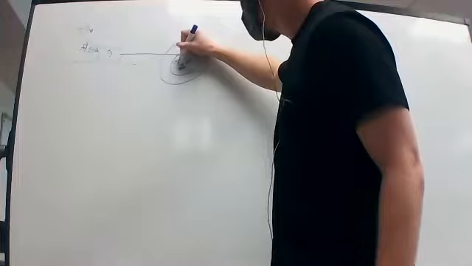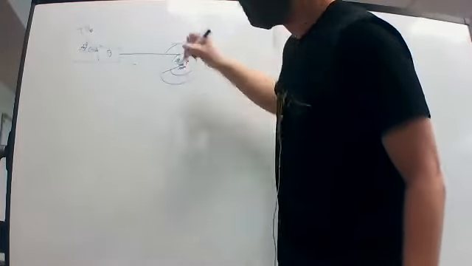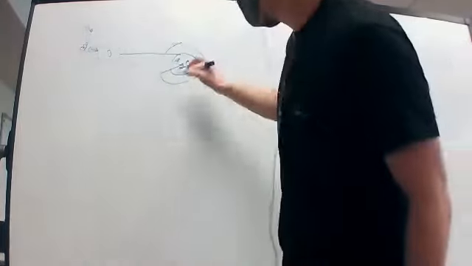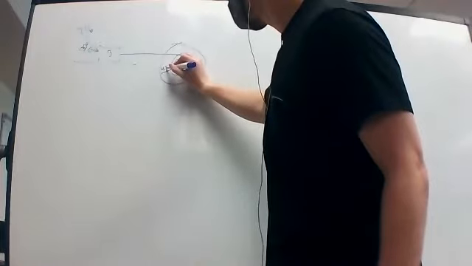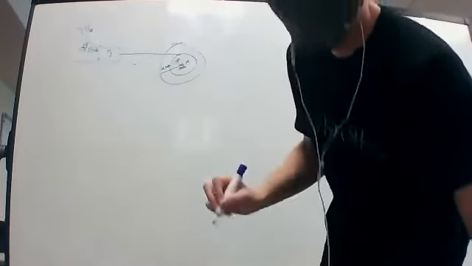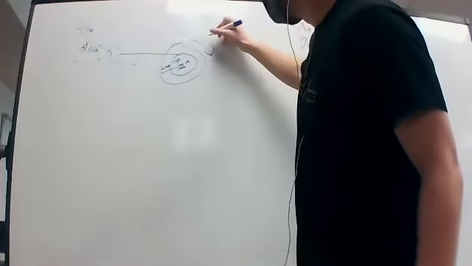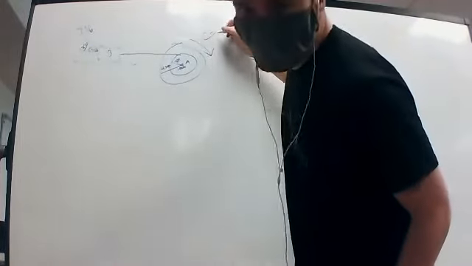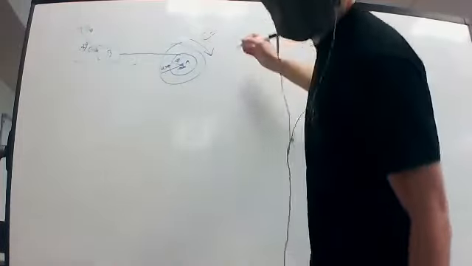The inner radius is going to be 3 feet. The outer radius is 4.5 feet. It's going to have a moment acting on it, but C is 28 foot-pounds.